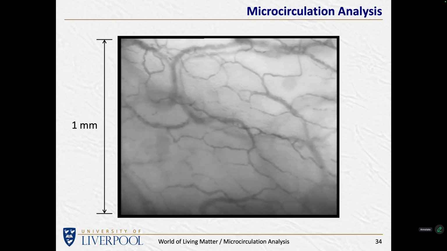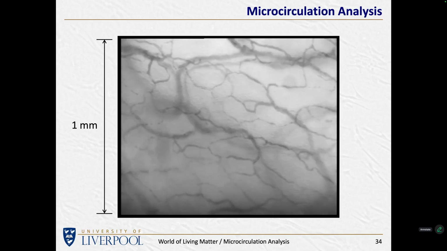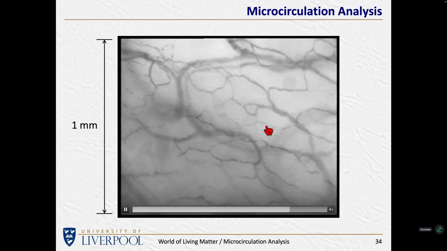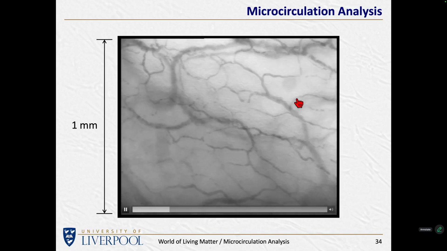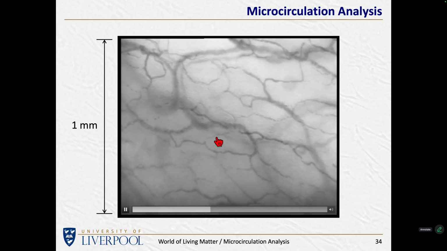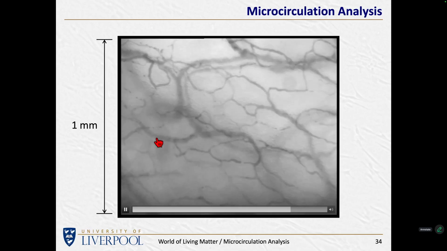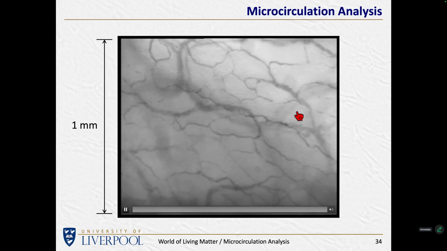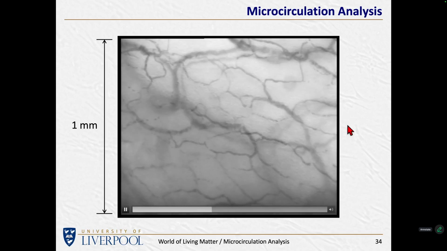It's only a square millimetre or so. And what I hope you can see is a capillary network, and every once in a while you can see individual blood cells passing through the capillary network. The more you look, the more you can see. Some of these capillaries are quite wide and are showing a lot of motion. Some of them are quite narrow and are showing individual blood cells moving.